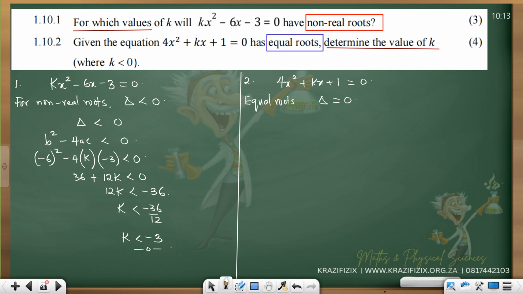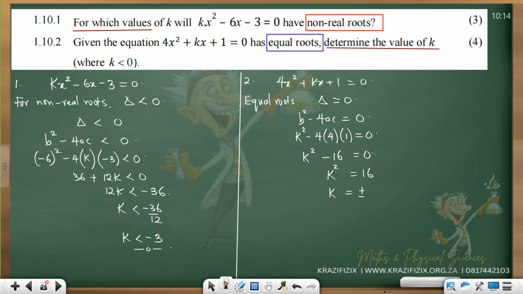The discriminant must be equal to 0. b squared minus 4ac. What is our b? k squared minus 4 times 4 times 1 equals 0.